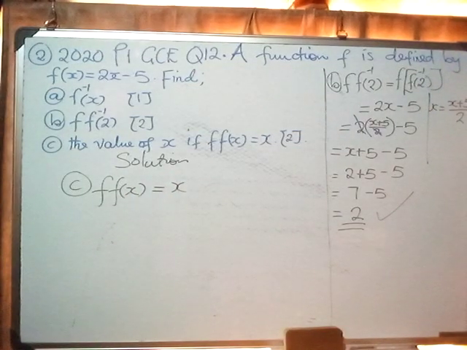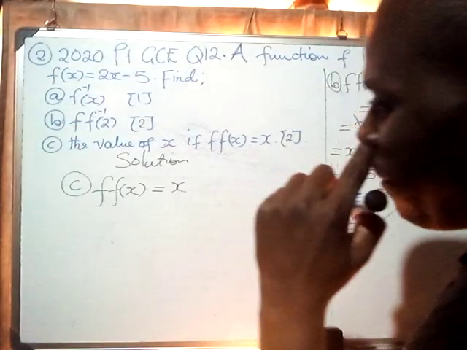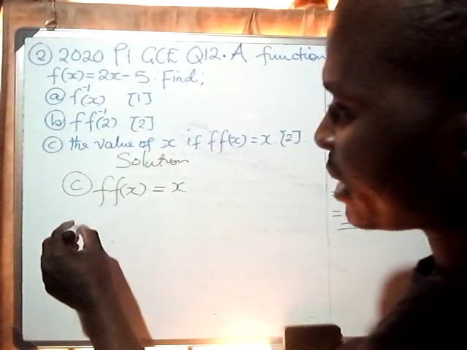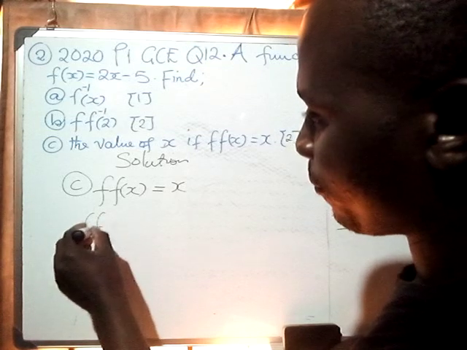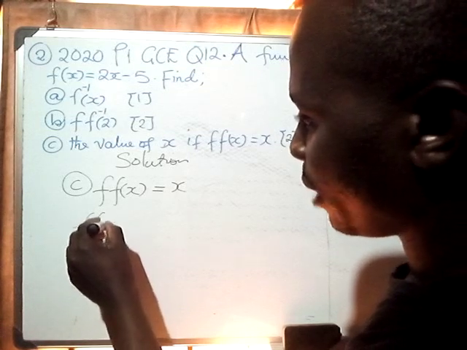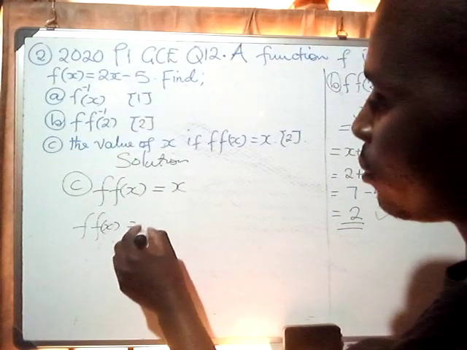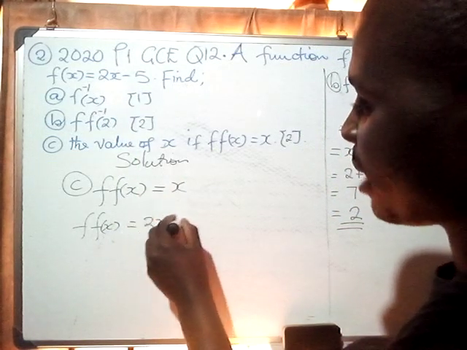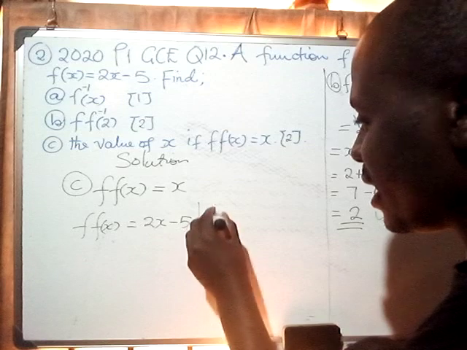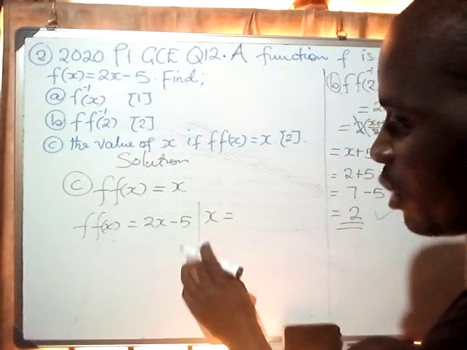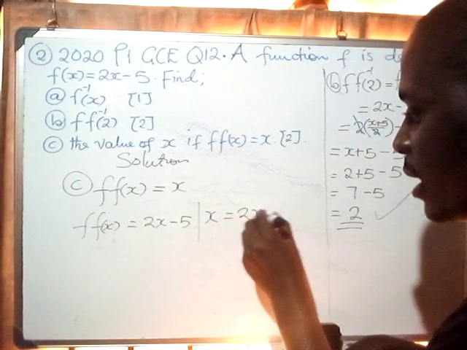So let us first find the f of f. f of f is equal to, what is the function of f? It is 2x minus 5. But where there is x, we are going to replace it with 2x minus 5.